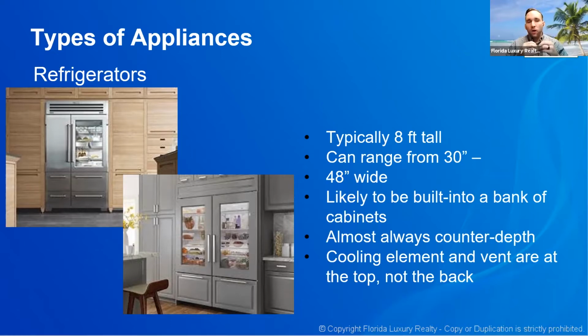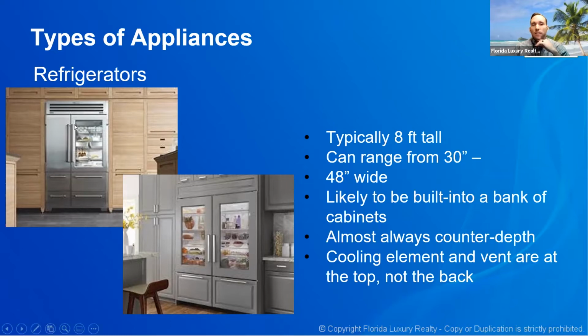And they are going to traditionally have cooling elements that are at the top. So if you notice in a lot of these high-end units, you're going to have this venting at the top. And what we found is heat rises and cool air drops. So they found that they can be more efficient and have lower operating costs and more consistent cooling by having the cooling element at the top rather than in the back, which is where they are in most standard refrigerators and freezers.